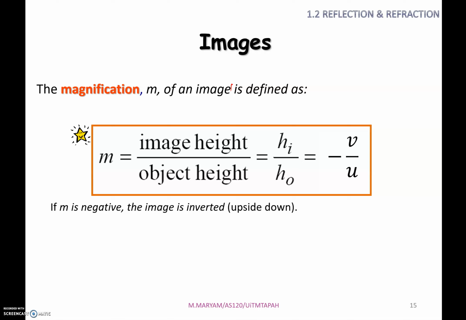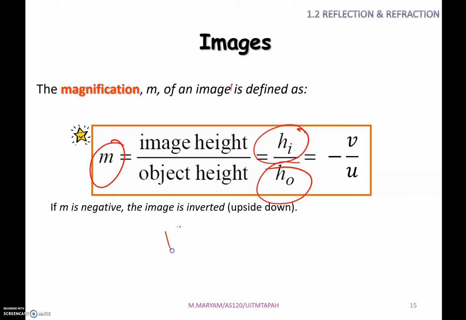Now of course, if I have an image that is not using a plane mirror, or a different type of mirror that magnifies the object, how do I calculate the magnification? This will be the equation: m is equivalent to height of image divided by height of object.